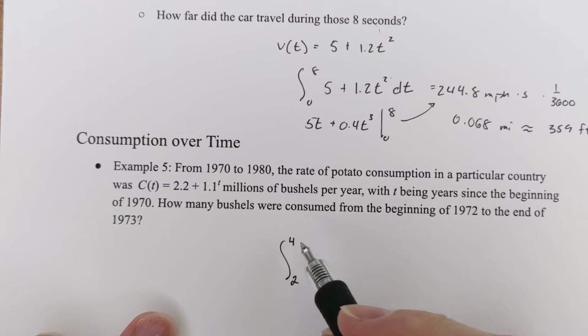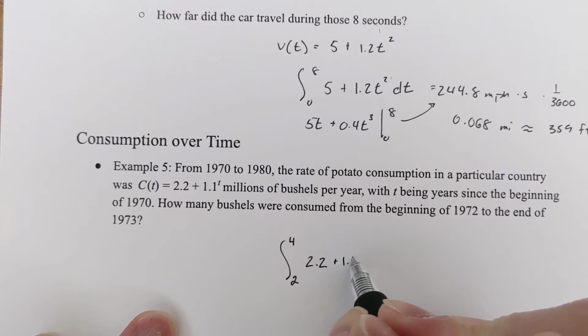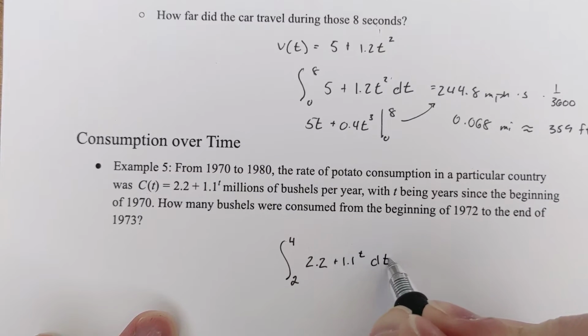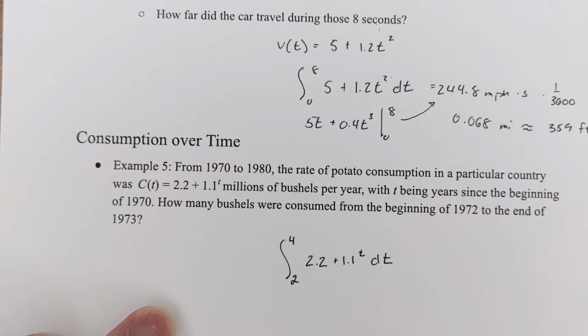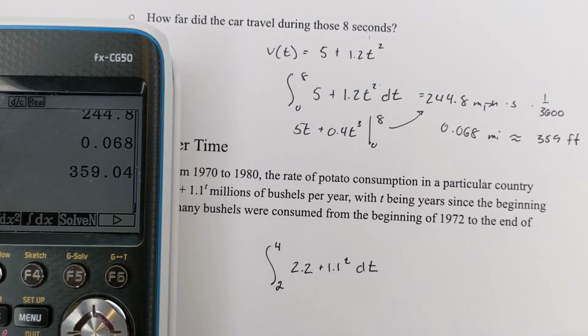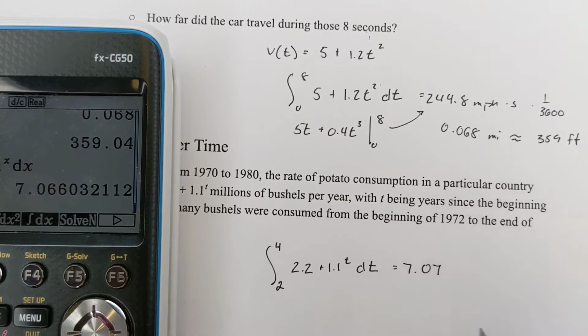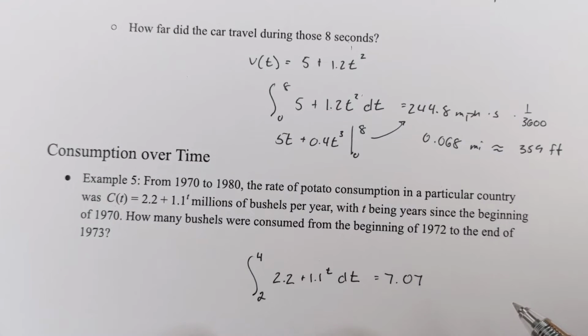So that's 4 years later. And then we do our equation, and we're going to let our calculator handle this. So the antiderivative of 2.2 plus 1.1 to the x from 2 to 4 equals 7.07. That's in millions of bushels.